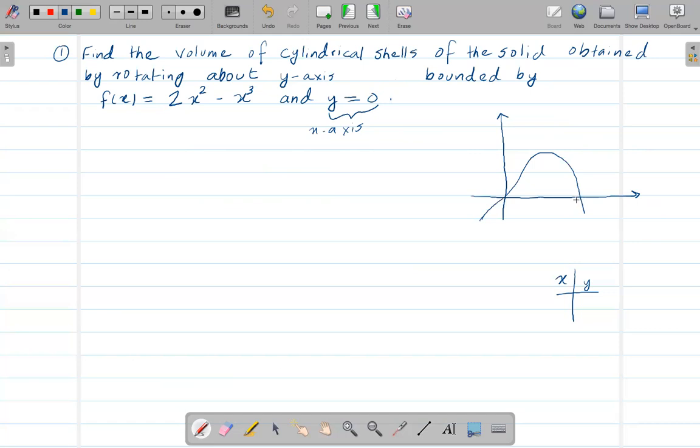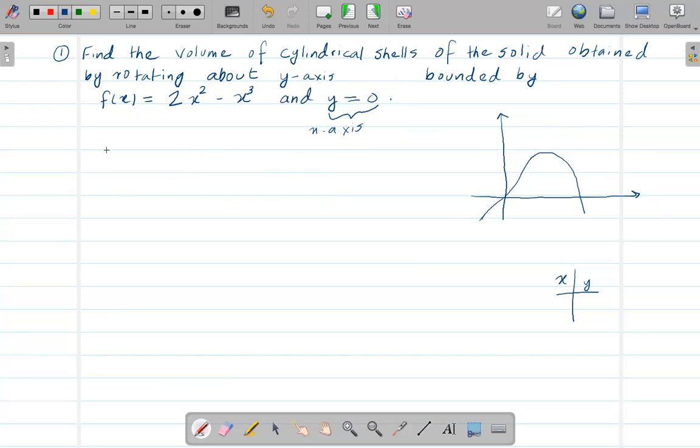What is the x-intercept? We can find the x-intercept by assuming y equals 0, or f of x equals 0, because we don't have any interval. No interval is given, and we need an interval later on to find the integration.